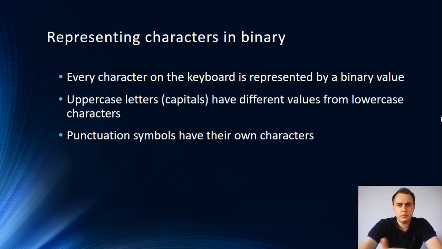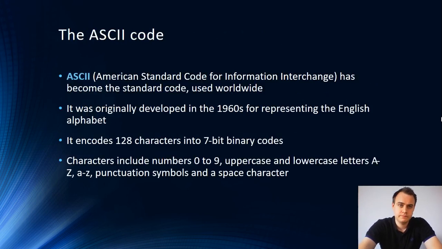So computer scientists came up with a method to represent these various combinations on the keyboard, because you need a different combination for every key pressed. Punctuation symbols even have their own characters as well. Can you please write down these 3 bullet points and also the title, representing characters in binary, and then we'll move on to the next one.